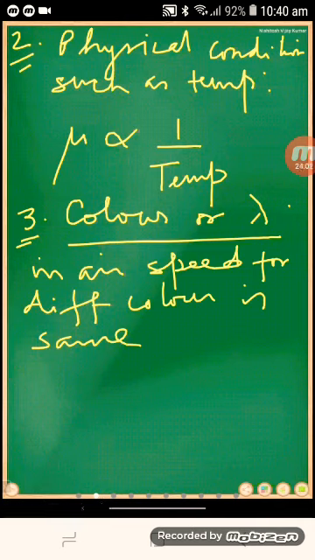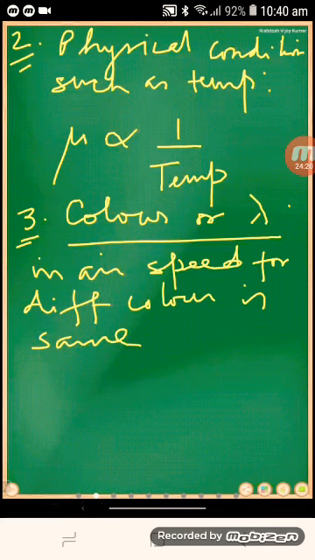Okay, you all know the concept of that. But if you allow these colors to pass through, say, a prism, you are able to see the band of the 7 different colors.